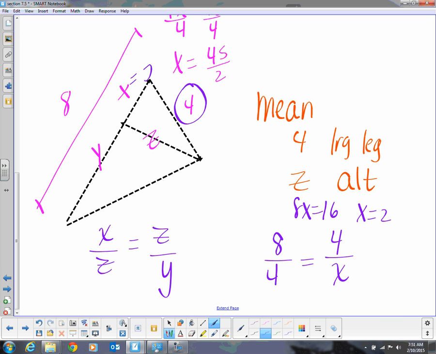If x is 2, then what's y? Yep, and now you can do this because x is 2 and y is 6. And then you're going to have z squared equals 12. And then you're going to square root both sides. And 12 is 4 times 3, and the square root of 4 is 2.